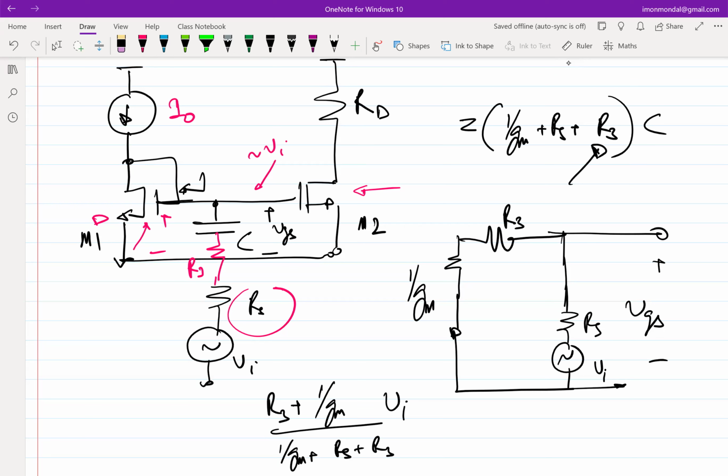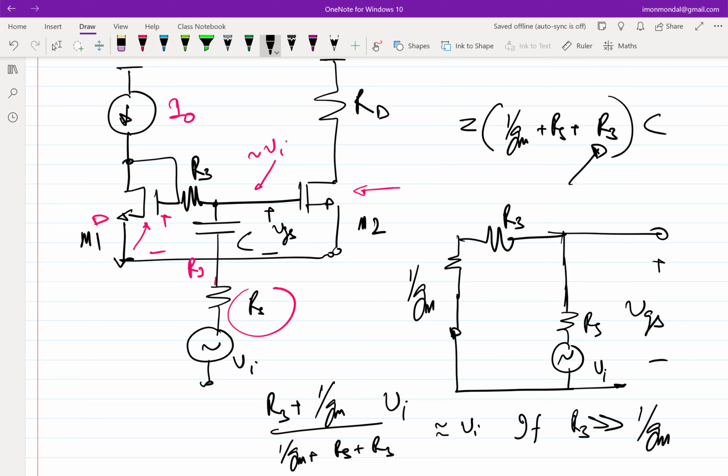I remove this and put an R3. So as long as R3 is much greater than 1 over Gm, VGS is almost equal to Vi.